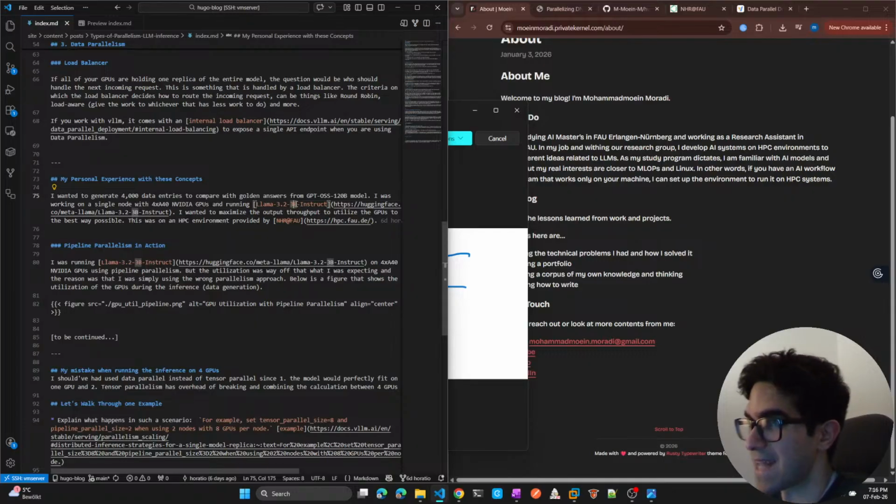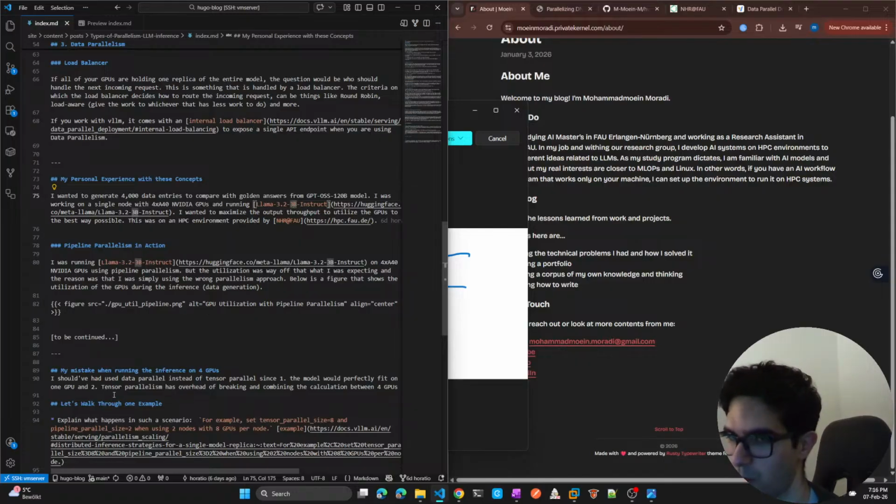It would sound really good if you could fine tune a 3 billion parameter model and get it close to what GPT-OSS is performing. So that was the idea, and I needed to generate this data, so I had to serve the model and create this data set from the Llama 3B.